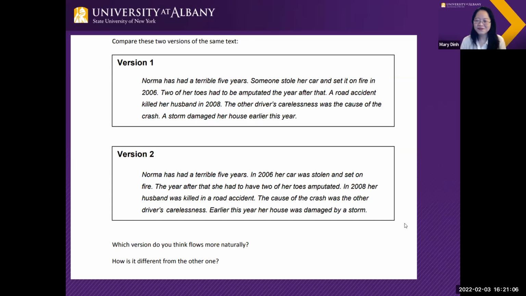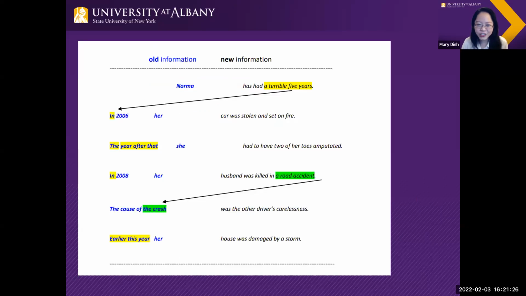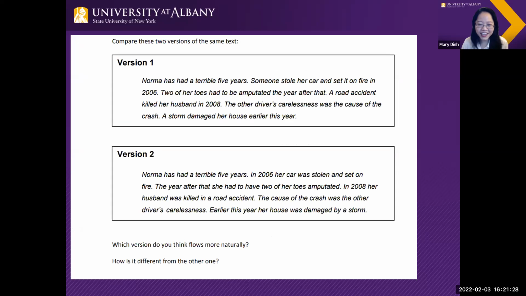Okay, this is a very interesting result, and it showed me that sometimes what we think we know about English might be different from the perspective of English native speakers. So actually, Kayla chose version 1 as sounding more natural, and all of us chose version 2, because this is what I took from a writing book, and it says that we should write in version 2.